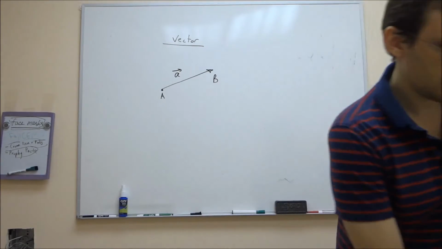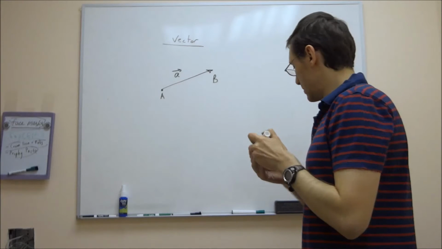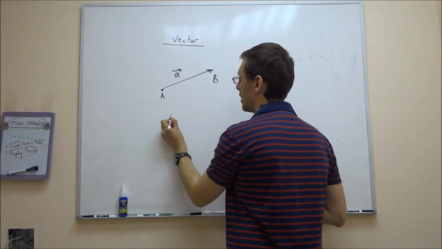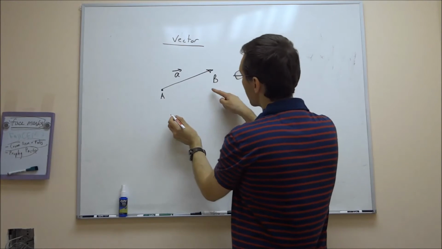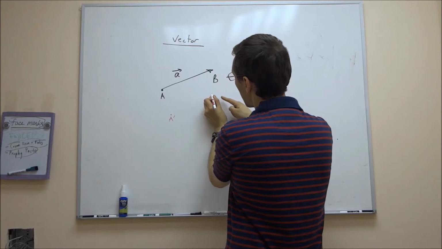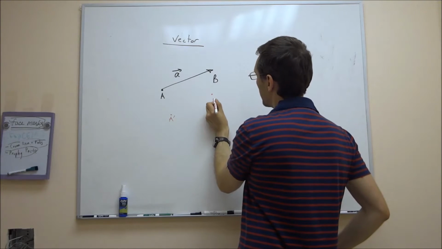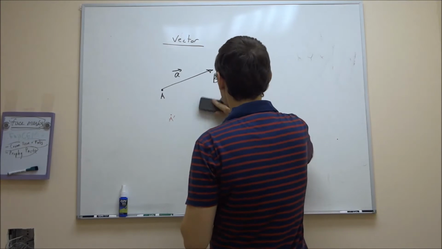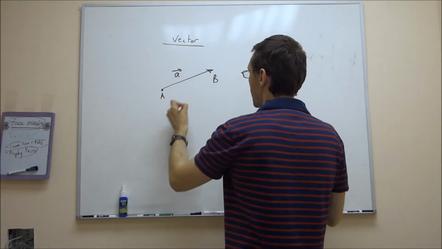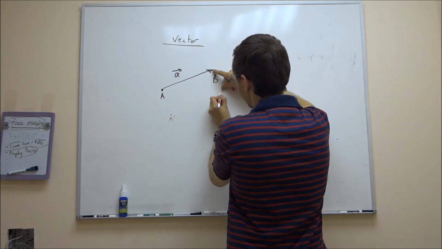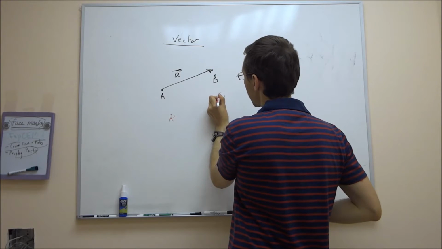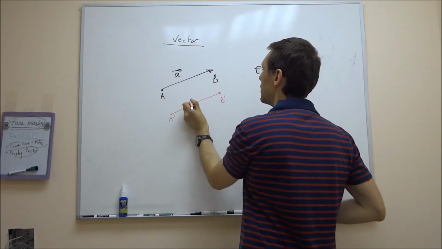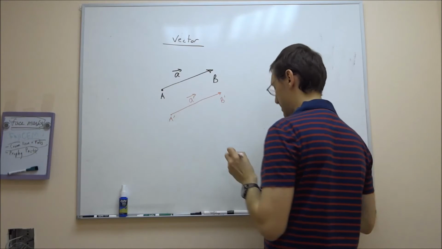Then I can select a similar point A prime and a point B prime. This B prime has to be selected here, and you have this vector A prime B prime.